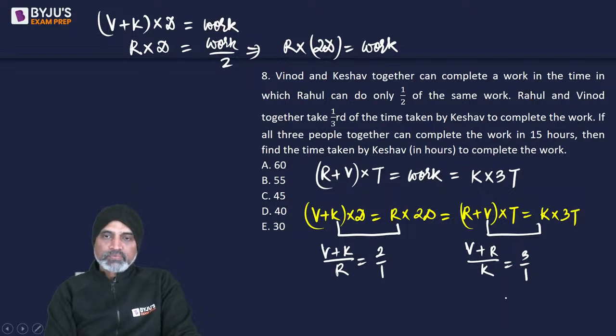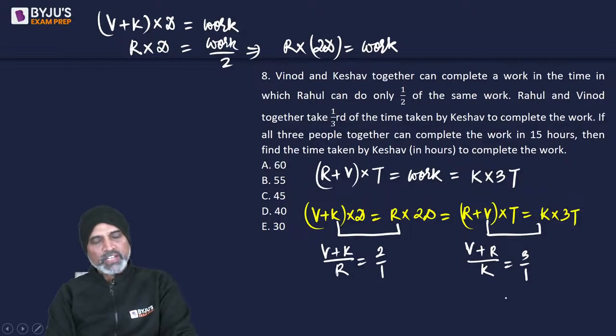So we have different V and R combos, and we have different R and K combos. Interesting. What if I subtract? What if I add? If I subtract, still it will not make sense.